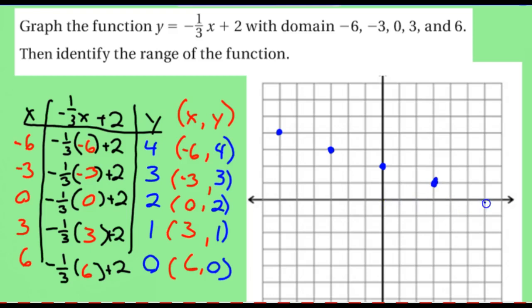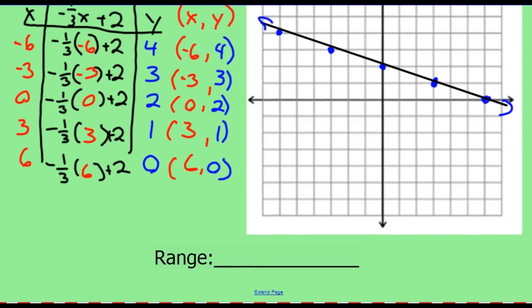And 6, 0 gives us a point right there. So our line looks like this. And our range then is our y values. And our y's we said were 4, 3, 2, 1, 0.